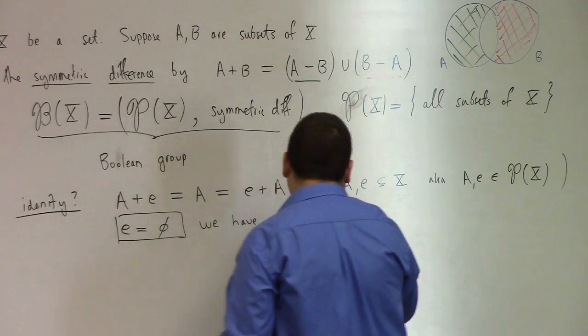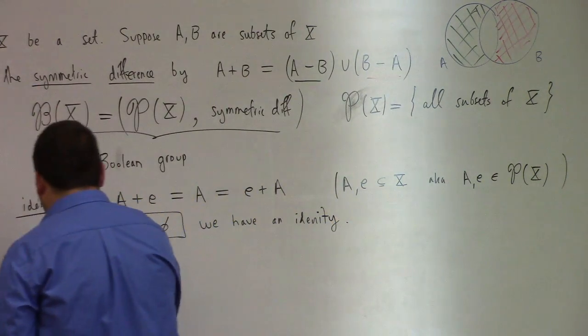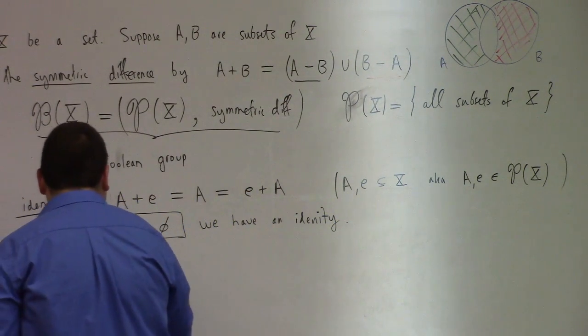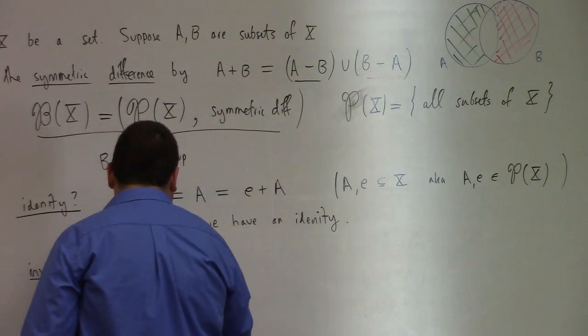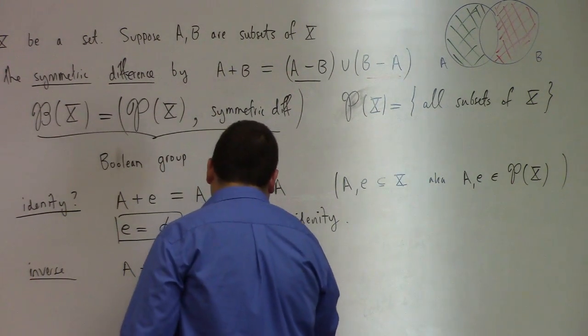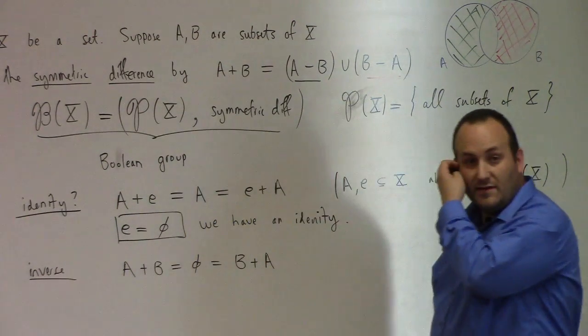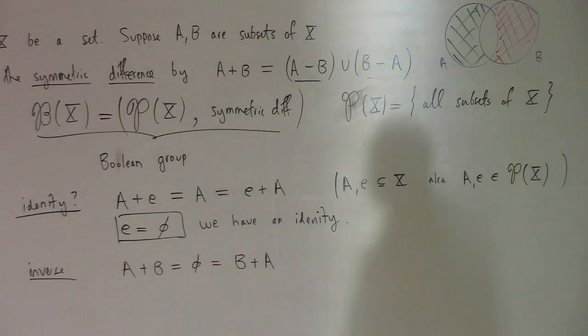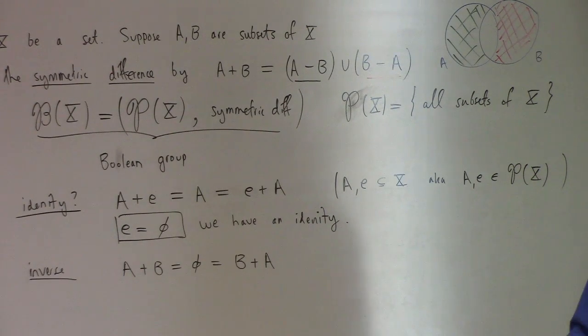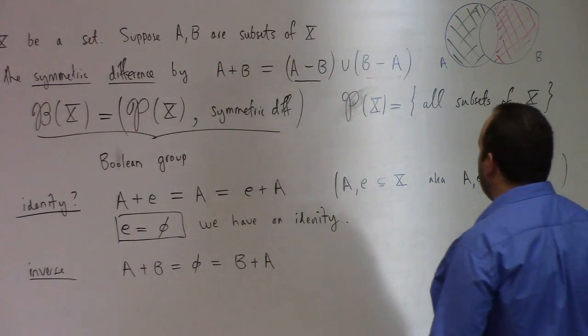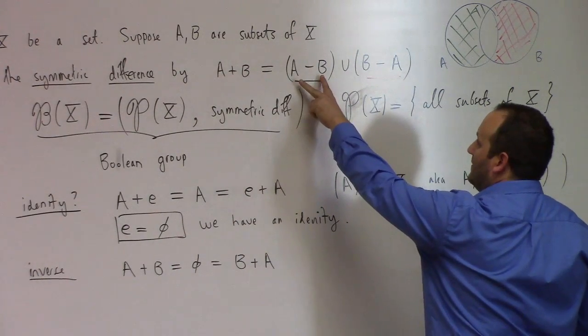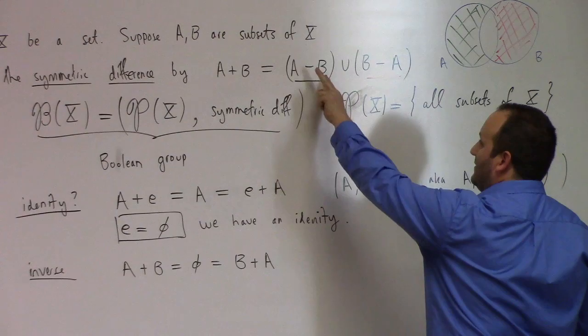All right. How about inverse? There we're looking for A plus B to equal the empty set and also to equal B plus A. That would say that B is the inverse of A under this group operation. As a matter of common decency, this had better be a commutative operation. Otherwise, using plus is really not cool. What'd you say, A again? Yeah, I think you're right. If we take A minus A, we get the empty set.